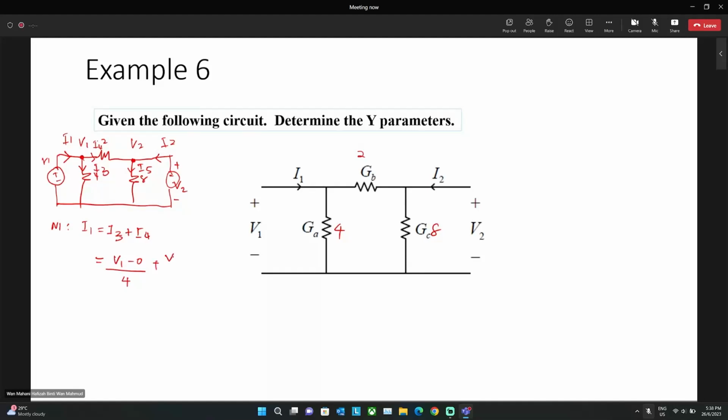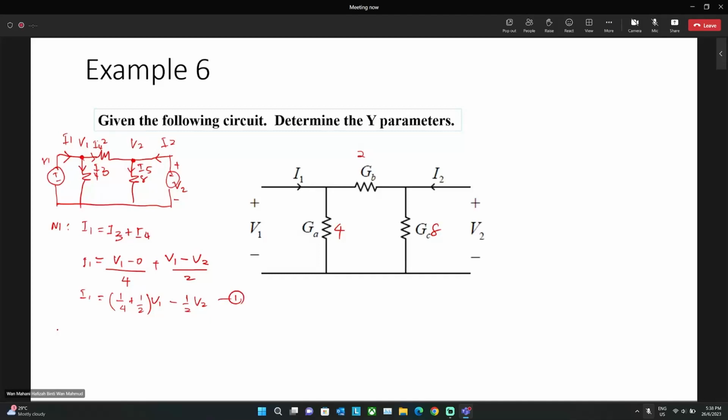Plus with I4 V1 minus V2 over 2. So yang sini you simplify lah yang ni, simplify tu maksud saya satukan pendarab kepada V1 dan pendarab kepada V2. So in this case 1/4 plus 1/2 V1, okay, minus with 1/2 V2. So you ada satu sebutan lah I1 kat sini.